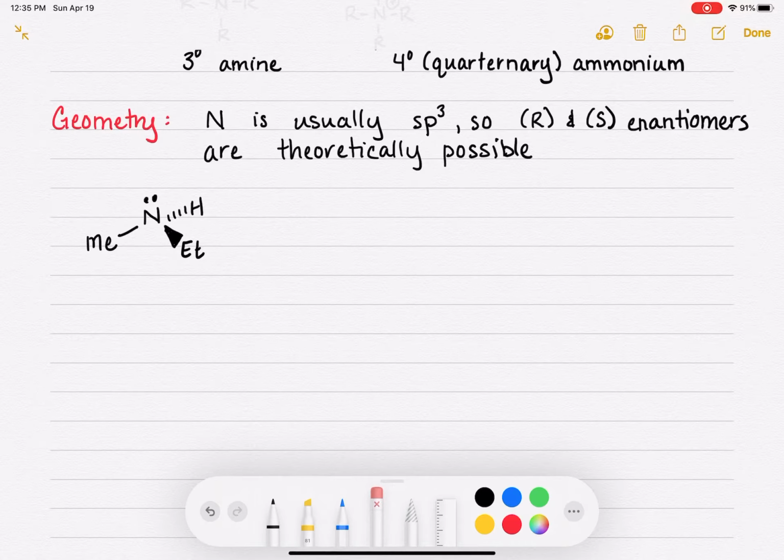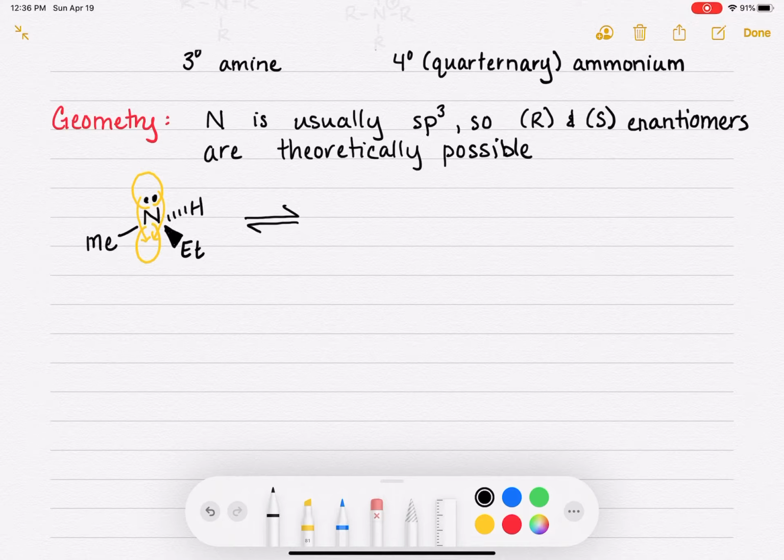However, the lone pair on the nitrogen is in an unhybridized sp orbital, and that lone pair of electrons is free to move from one lobe to the other in that orbital. It can do it at any time, and it does it all the time.